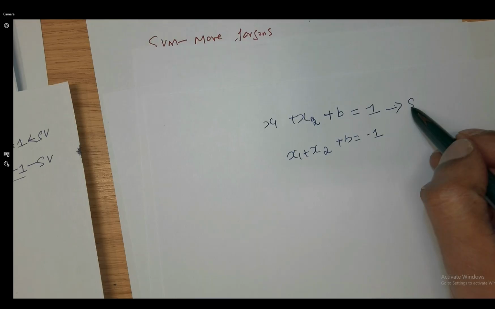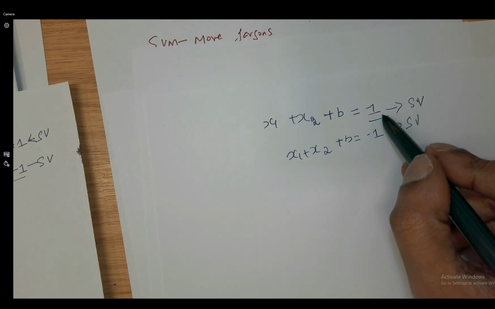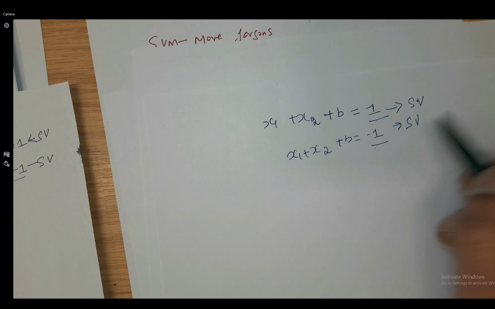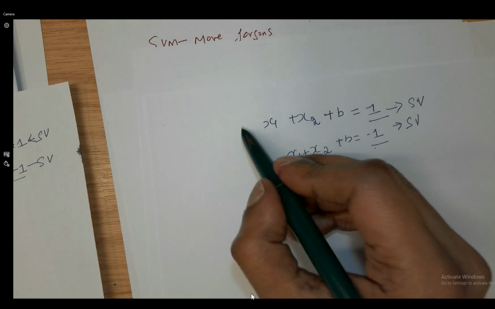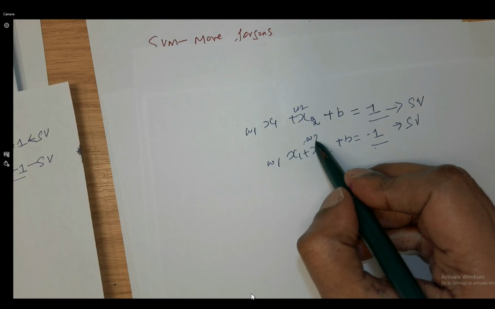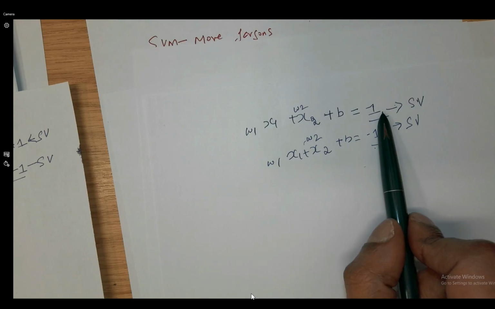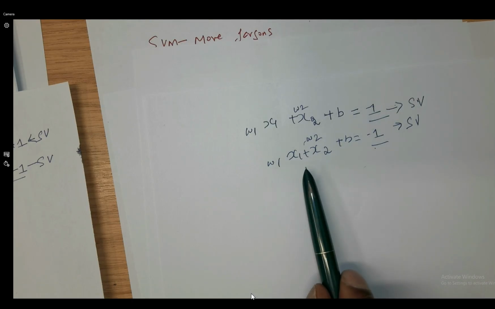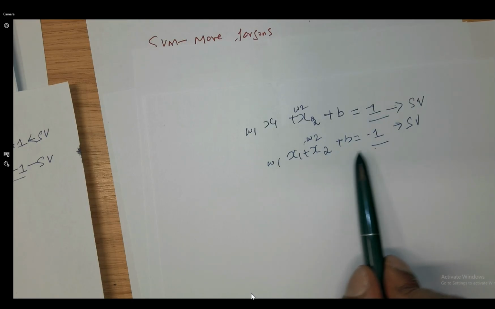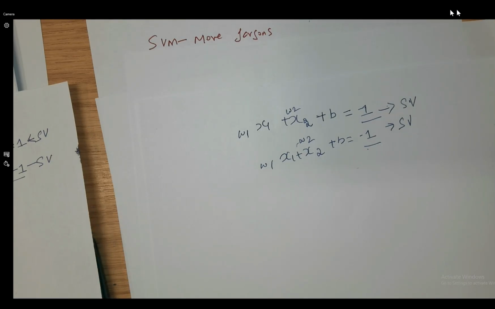For one support vector it should be plus 1, and for the other category it should be minus 1. Sorry, this should be multiplied by W1, W2. So W1 multiplied by x1 plus W2 multiplied by x2 plus bias should equal 1, or minus 1. So we can identify which points correspond to the support vectors.